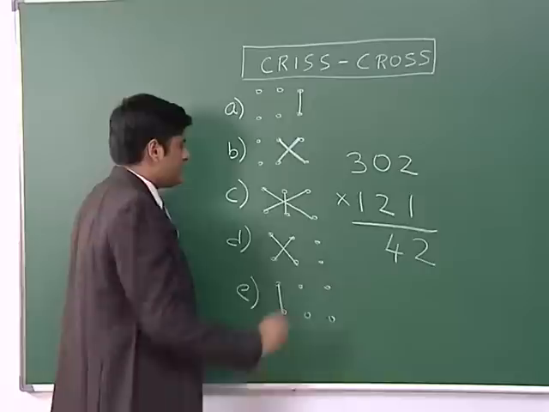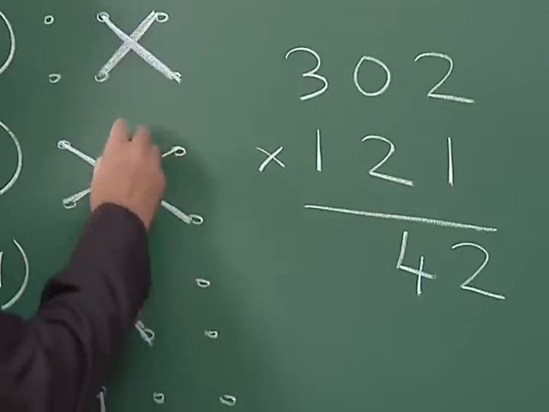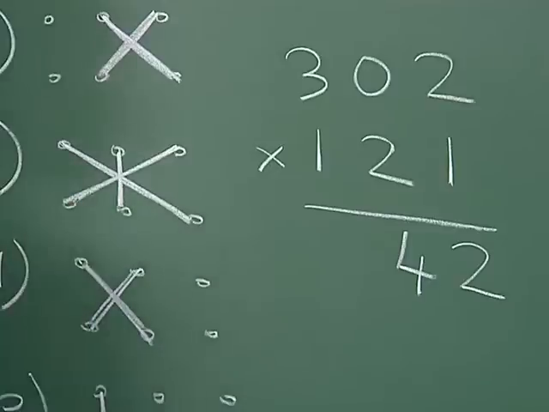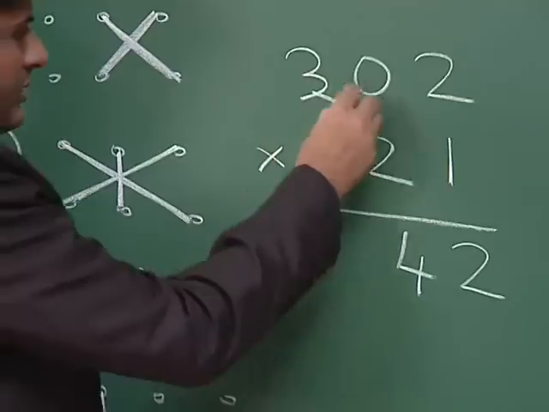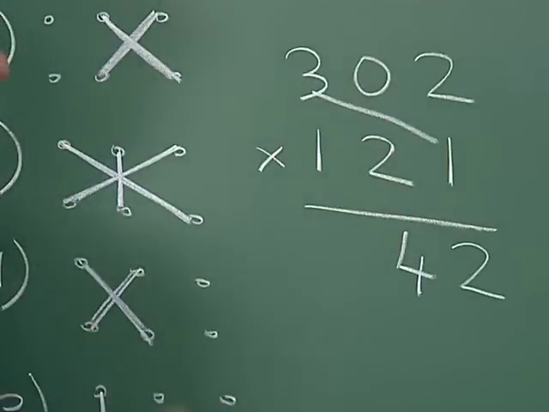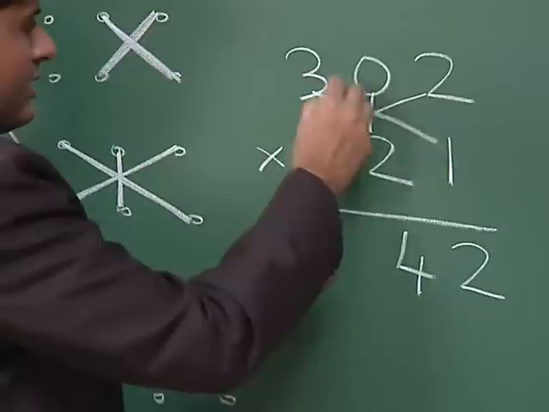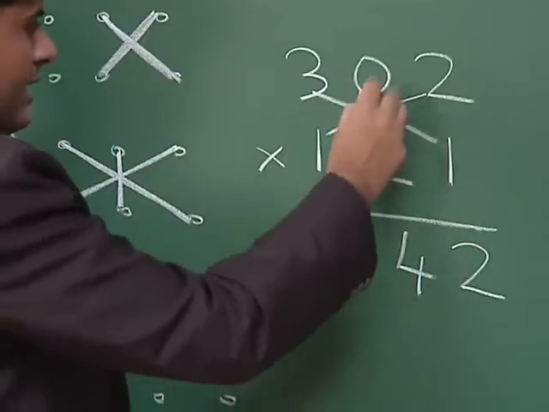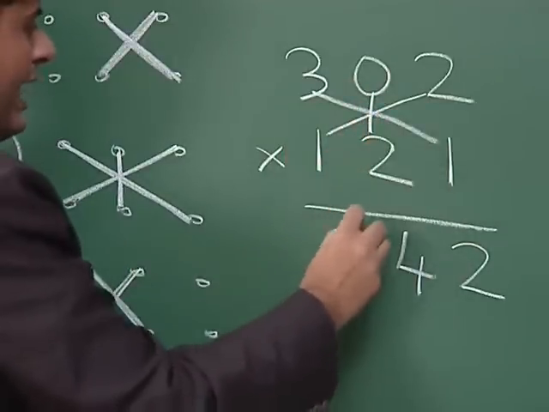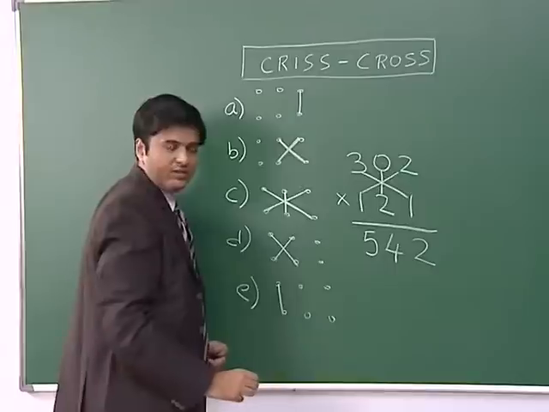Step C says multiply like this and like this. So 3 times 1 is 3, I put 3 in my mind. 0 times 2 is 0, I put that in my mind. And 2 times 1 is 2. My answer is 3 plus 0 plus 2, that is 5.